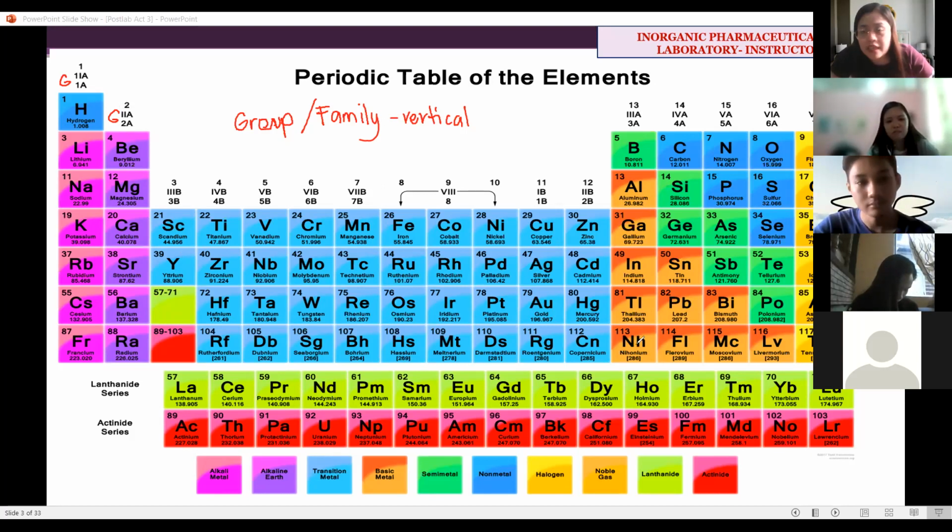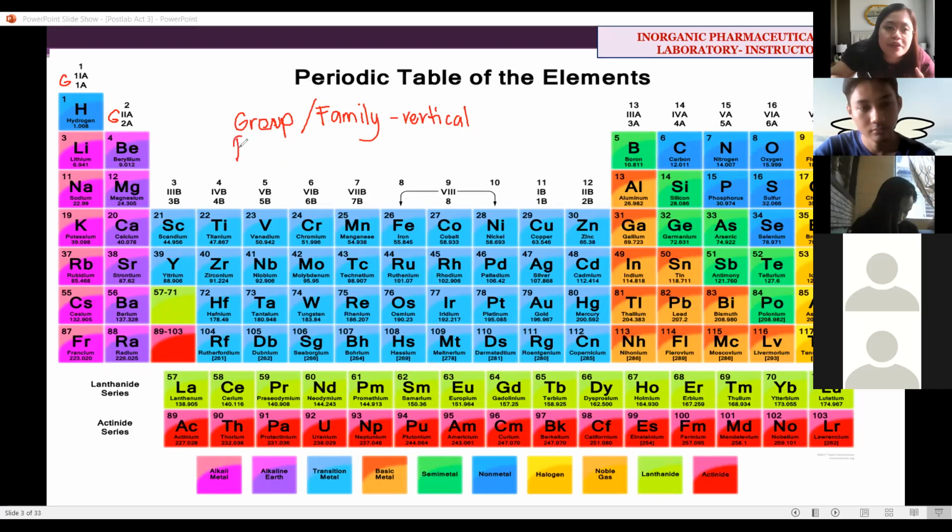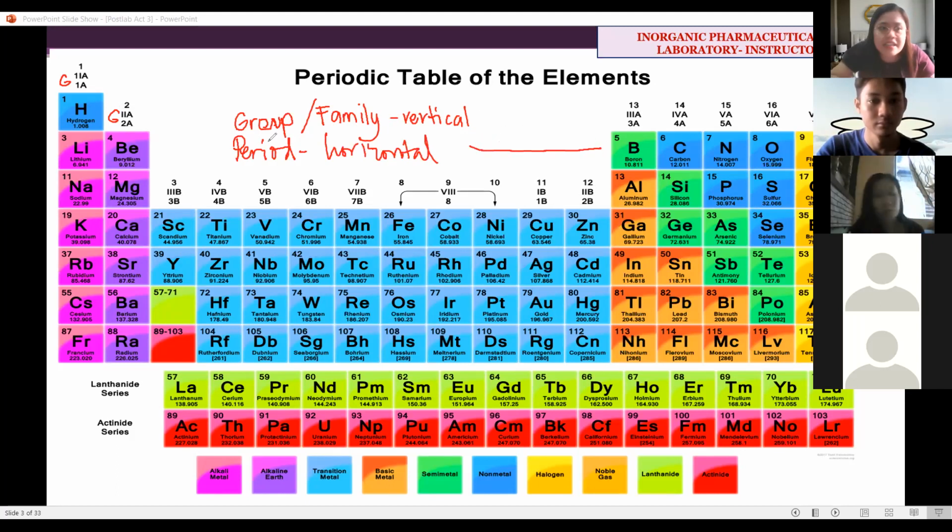Group or family. But when you say period, this is the horizontal grouping in the periodic table. Horizontal, class, meaning lying across. It has a number, if you look at the periodic table, on the side. That is their period number.